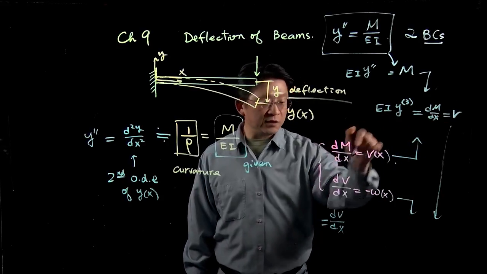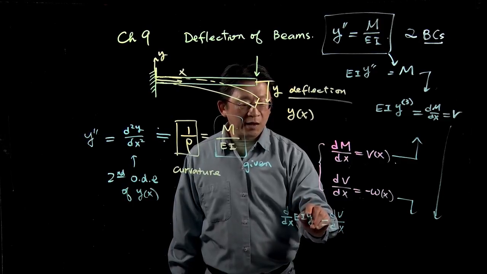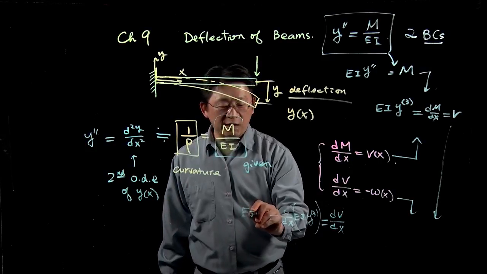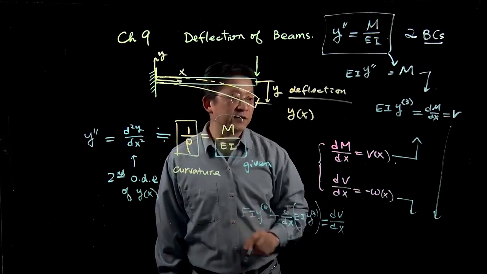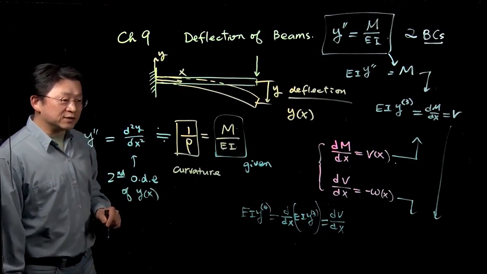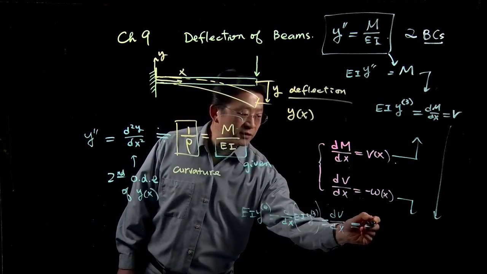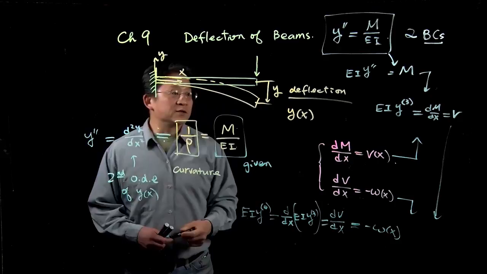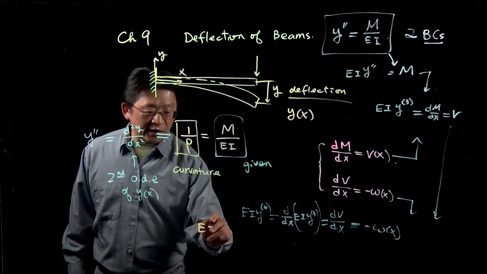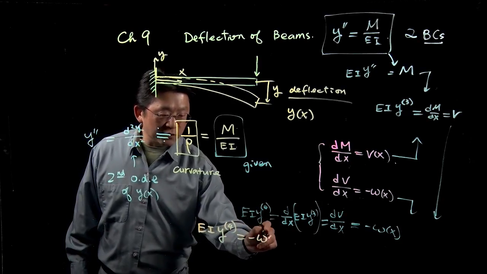We plug in V here, so that is d/dx of EI times the third derivative of y, which is equal to EI times the fourth derivative of y. This is equal to minus omega. So in summary, another equation we might be able to pick up is EI times the fourth derivative of y equals minus omega of x.